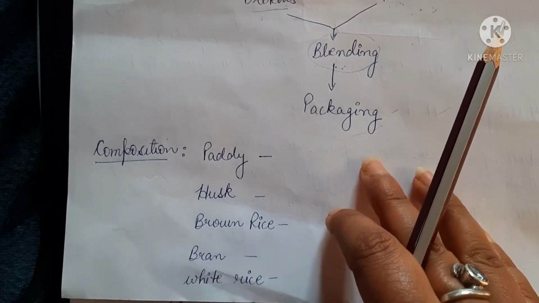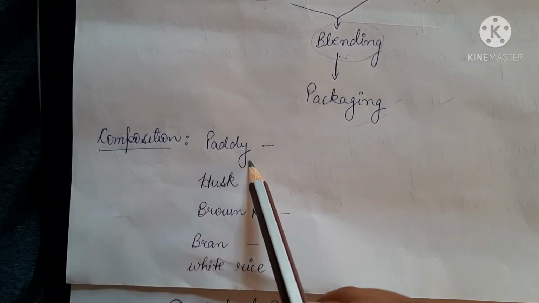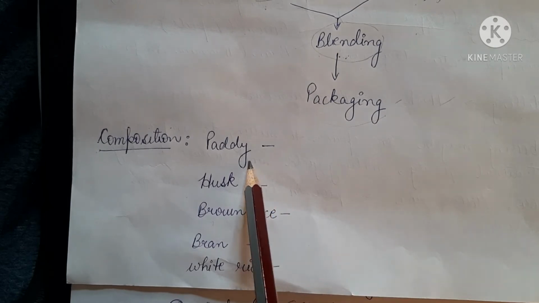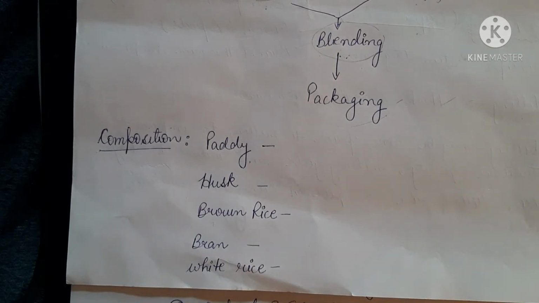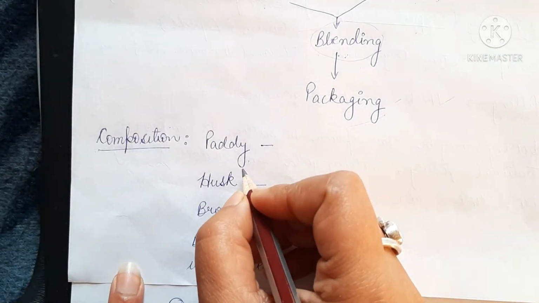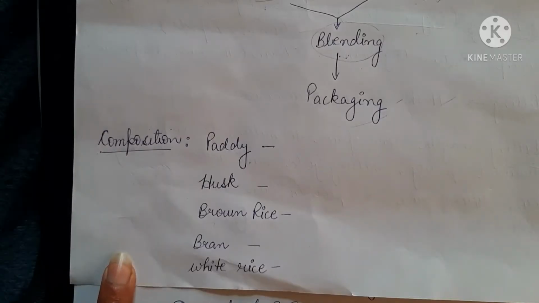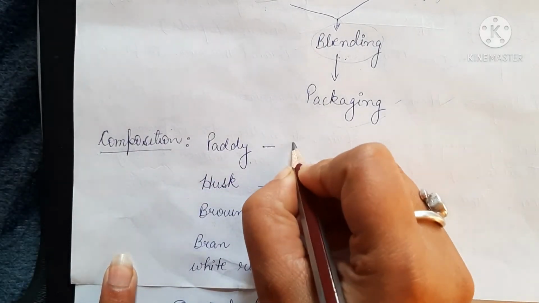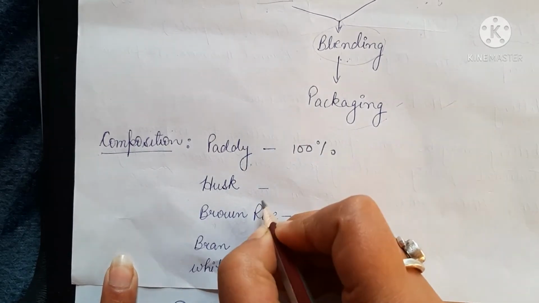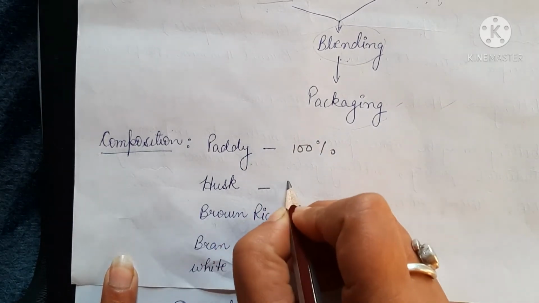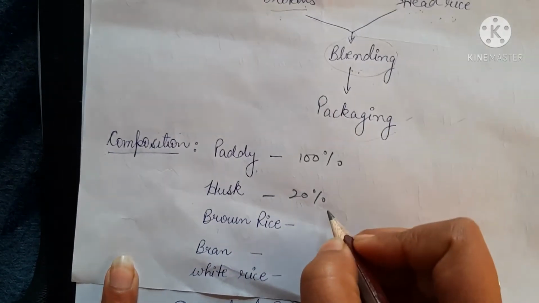First we'll look into the composition of rice. If we have 100% of paddy, then 100% of paddy will contain 20% husk, right?